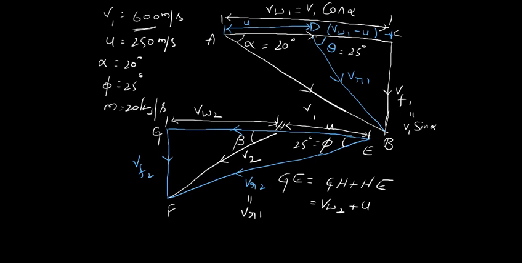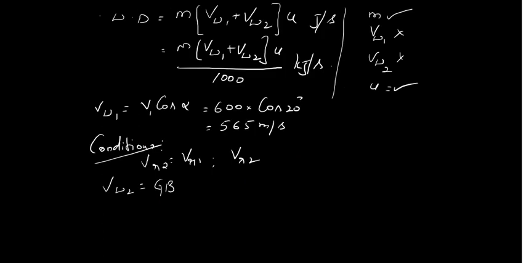No, it is GH. How to get the value of GH? GB minus HB. What is GB? VW2.